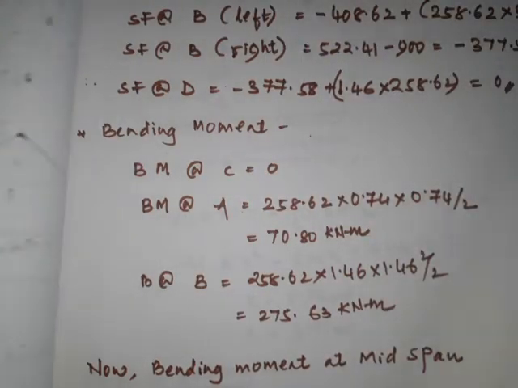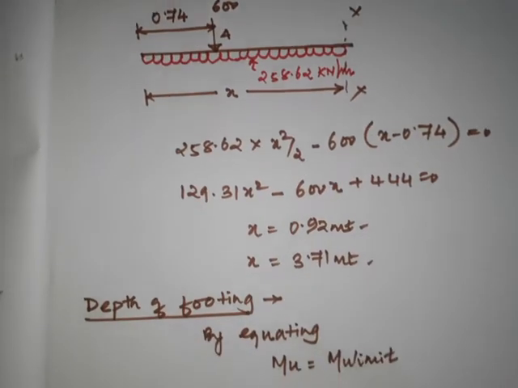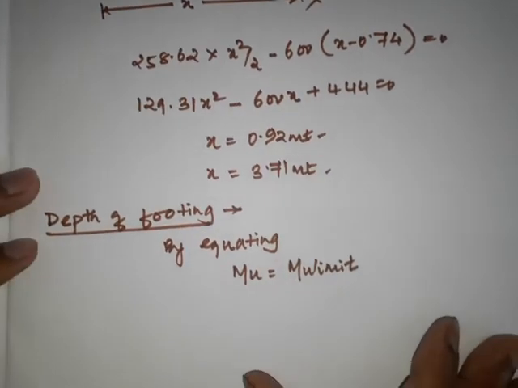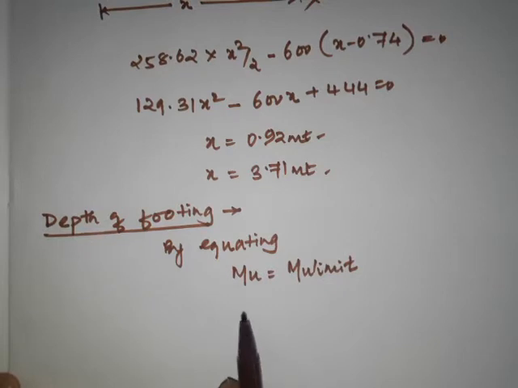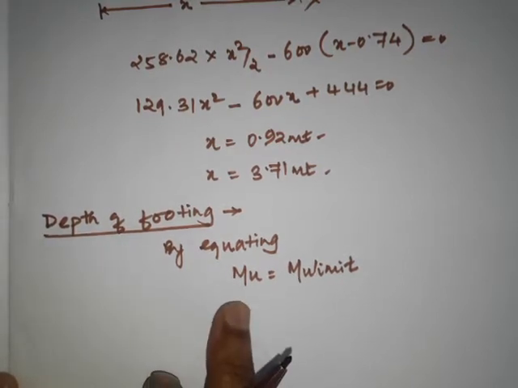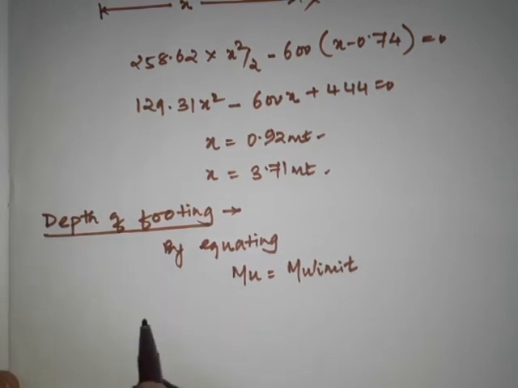So Mu is equal to Mu limit. Mu means it is factored, so we have to multiply the factor of safety for bending moment. We have not multiplied any factor of safety in the previous steps, so now I'll multiply 1.5 here.